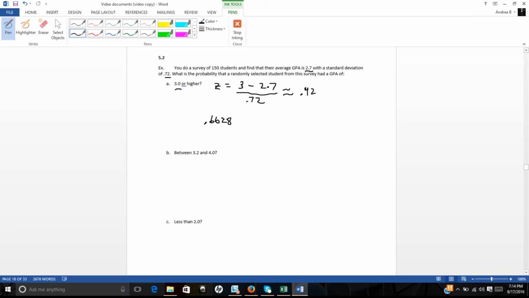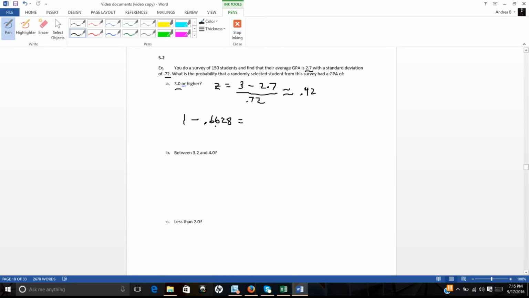But remember, in the table, just like it shows in the chart right above it, the normal distribution always gives the area to the left of the value. In this case, we want the area or the probability of being above 3. So to find it above or to the right of that value, remember we have to do 1 minus that area, 1 minus that probability from your chart.